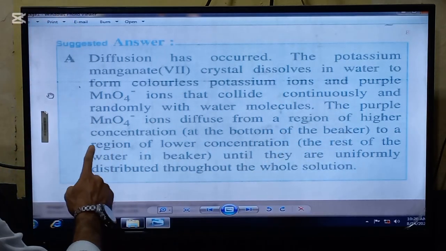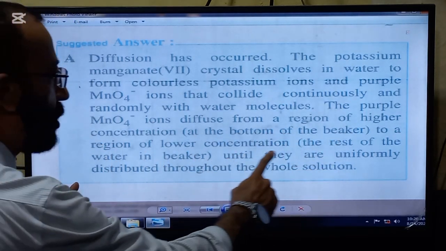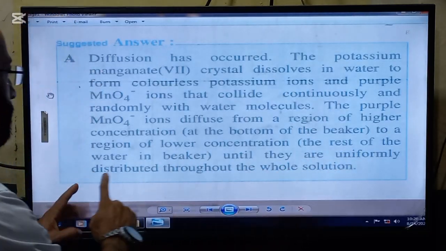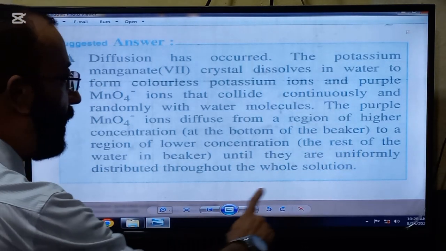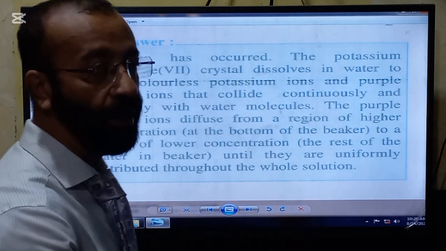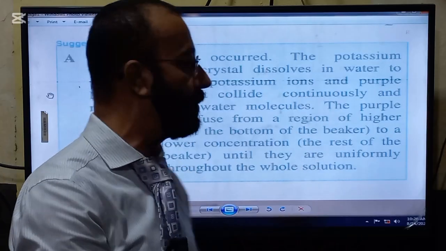The purple manganate ions diffuse from a region of higher concentration at the bottom of the beaker to a region of lower concentration, the rest of the water in the beaker, until they are uniformly distributed throughout the whole solution. So this will happen in this question.